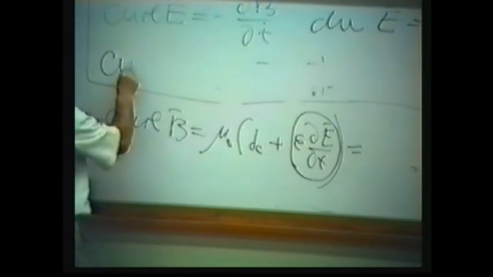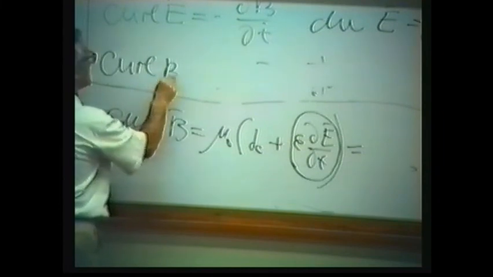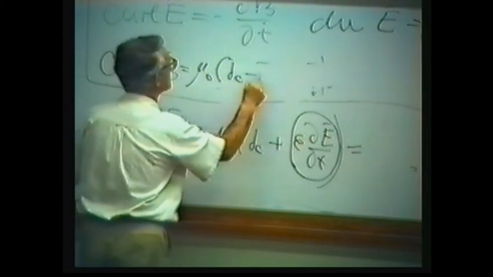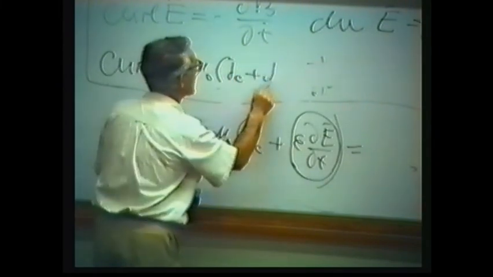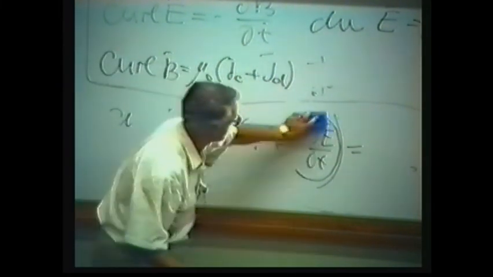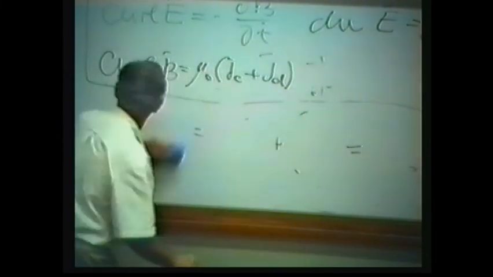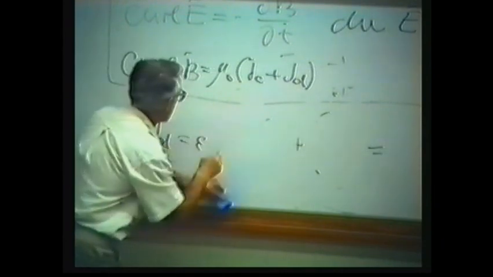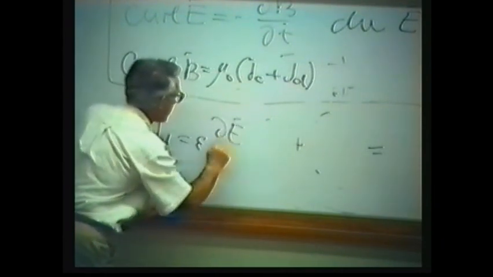I promised to tell about this part: mu naught times conduction current plus displacement current, where displacement current equals epsilon naught dE dt.